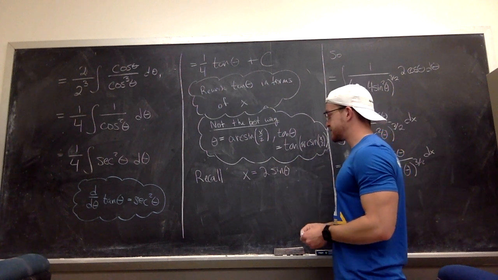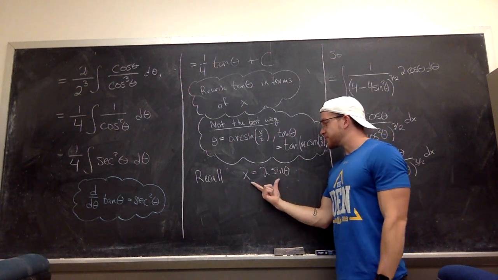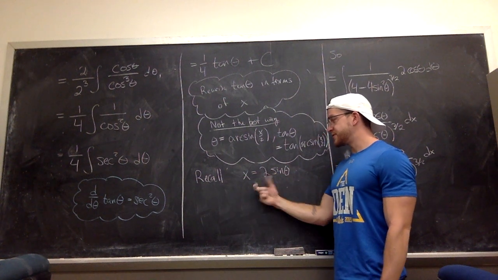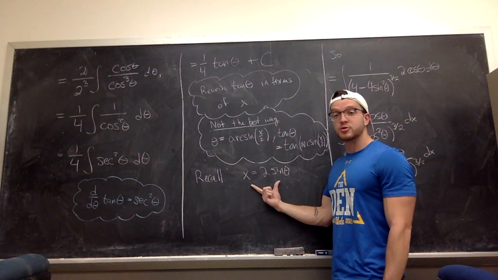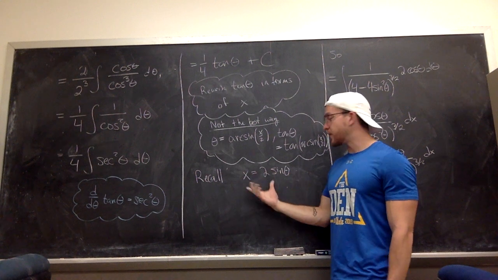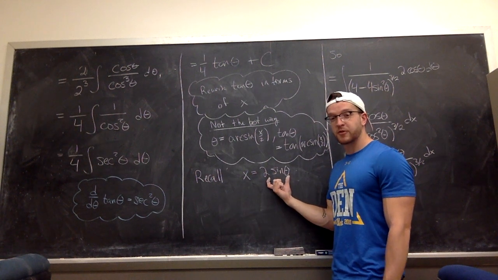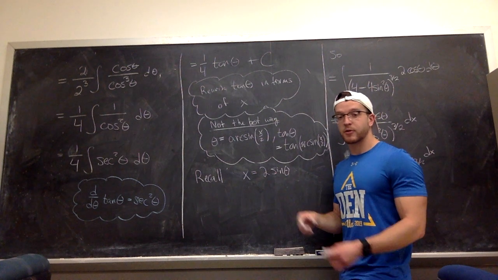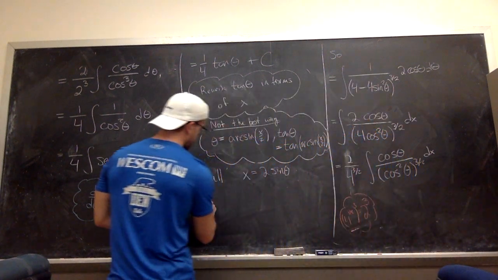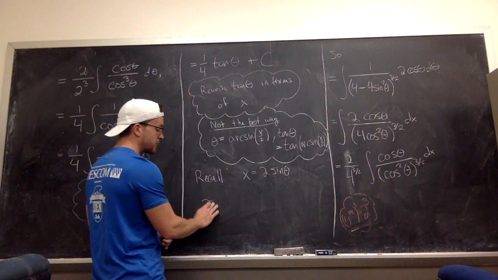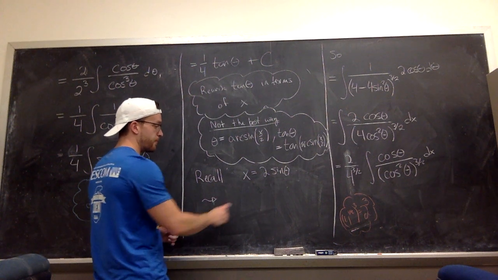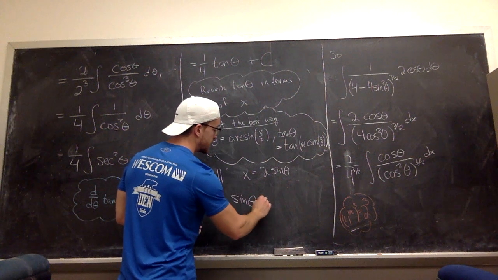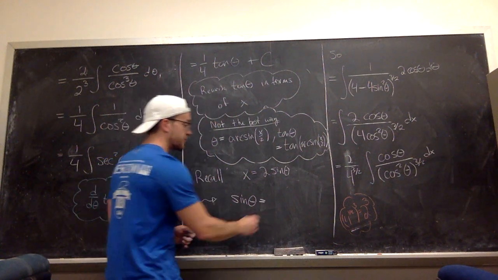I'm going to take this information and interpret it in a right triangle. We get to go back to high school geometry and think about what sine of theta tells us about a right triangle. If I divide by 2, this says that sine of theta is x over 2.